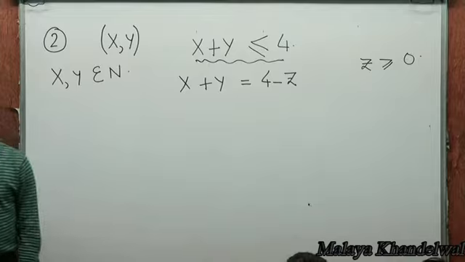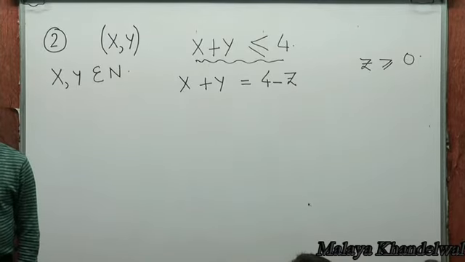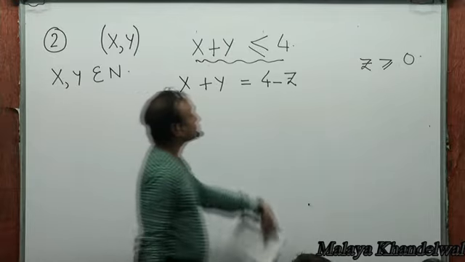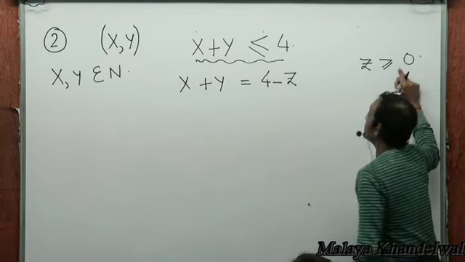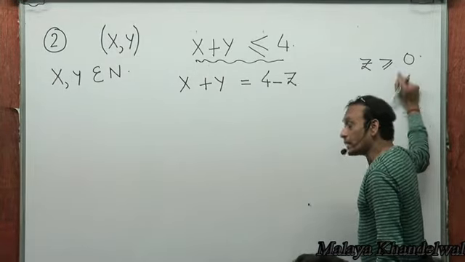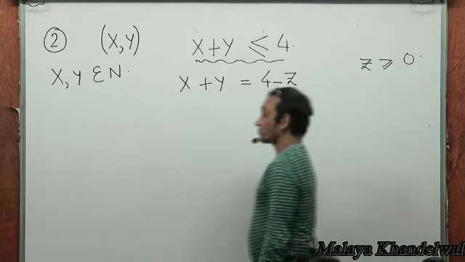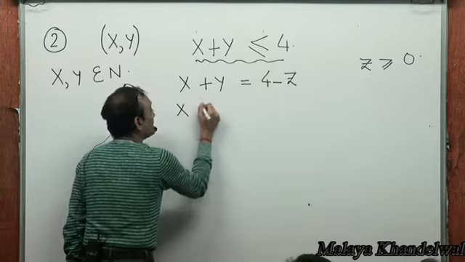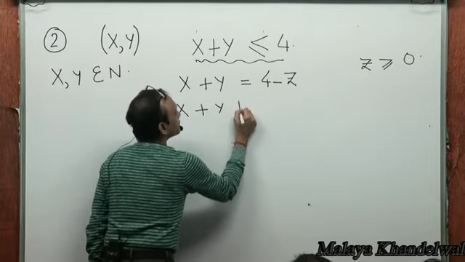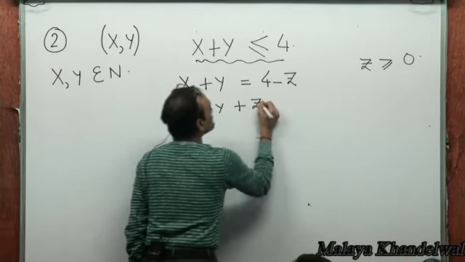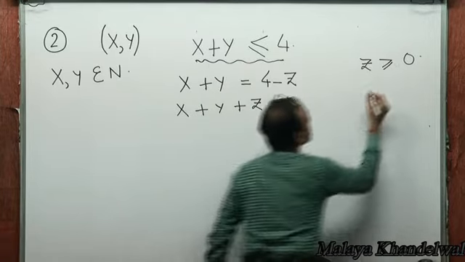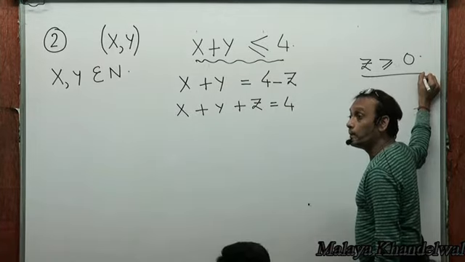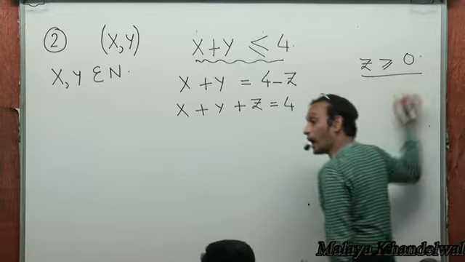Do you realize that? Right? Now, that means z is a whole number, but x and y are natural numbers.